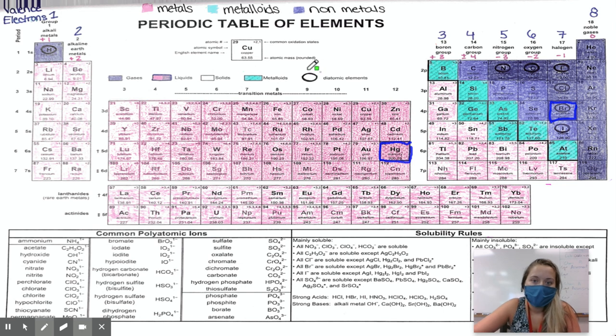So this symbol right here, this little oval, indicates which elements are diatomic. So we have hydrogen, nitrogen, oxygen, fluorine, chlorine, bromine, and iodine.